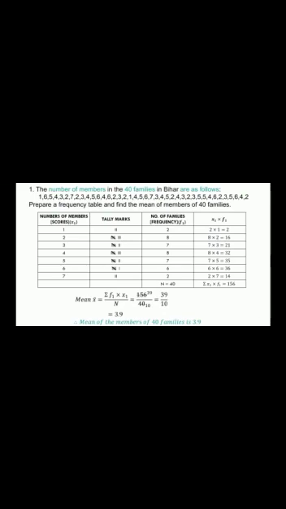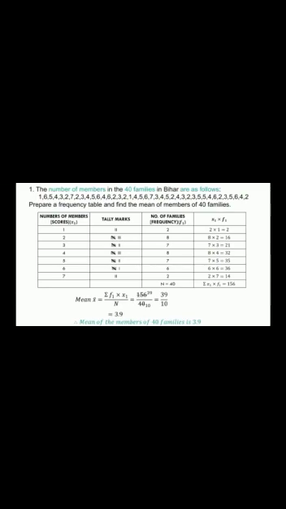Now lastly, what you have to do is add, as I told you. First you add the frequencies, denoted by n. When you add the frequencies, you have to get 40, as given in your question.